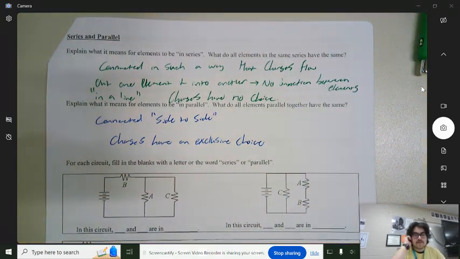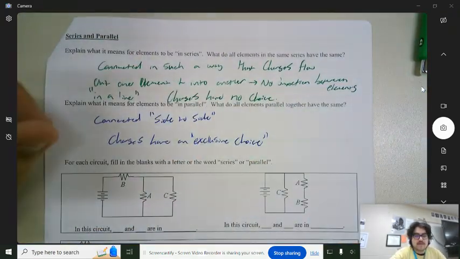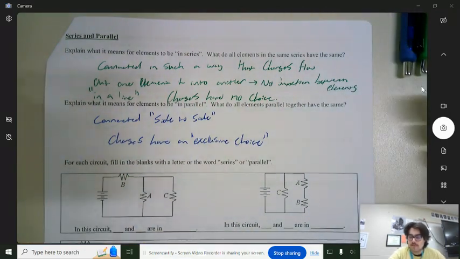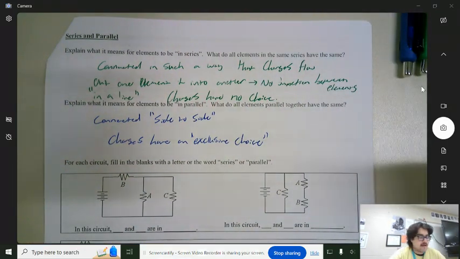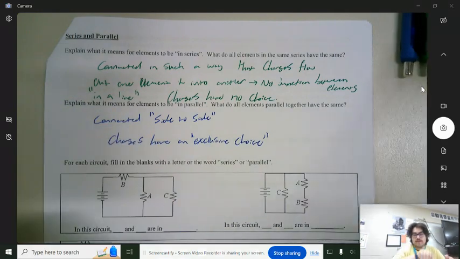When elements are connected in parallel, charges reach what's called a junction. It's like a fork in the road where they have to make a choice. They're either going to go down one path or the other. In choosing one of them, it will exclude the other option.